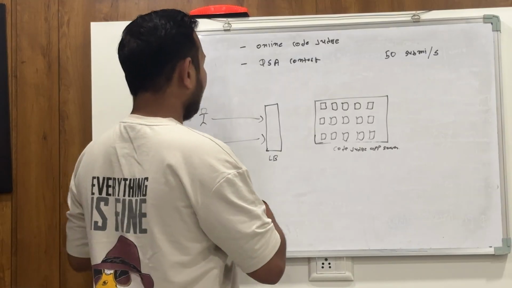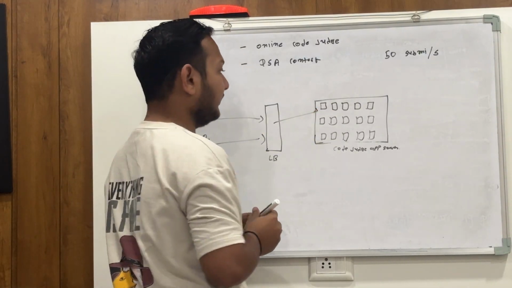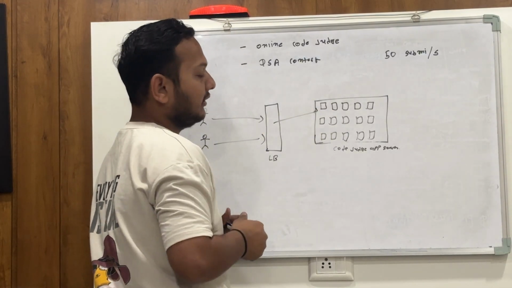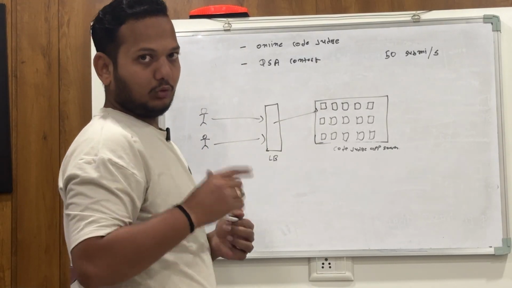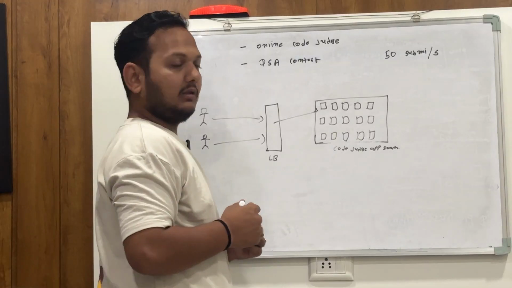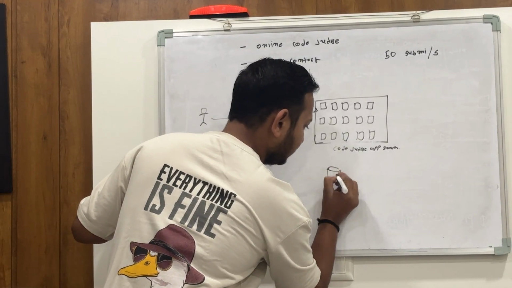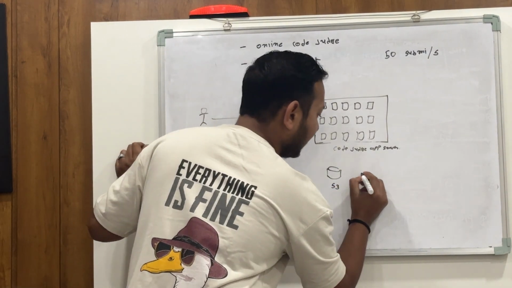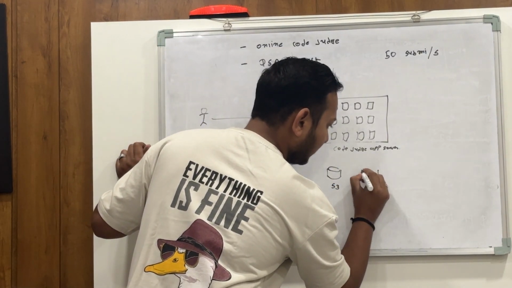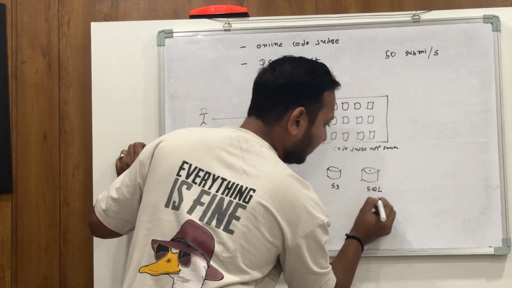Okay, now this is the code judge app server. The load balancer will transfer the request to one of the code judge app servers. Now we have two databases. One is S3, and one is a relational database, for example SQL.